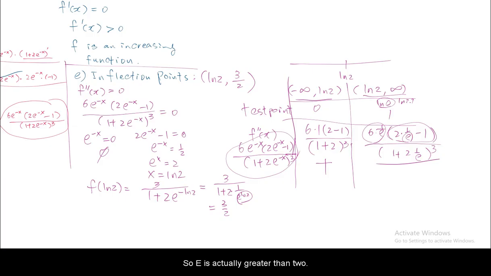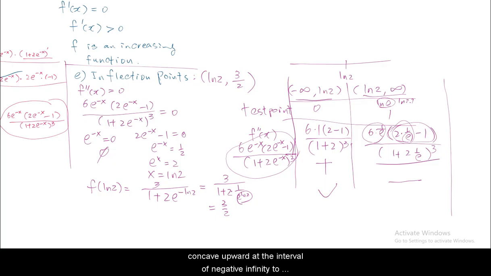So e is actually greater than 2, so that's a number that's less than 1. Minus 1 will be negative. So overall, it's negative. Okay. All right. So that means our graph is concave upward on the interval from negative infinity to ln of 2 and concave downward on the interval from ln of 2 to infinity.